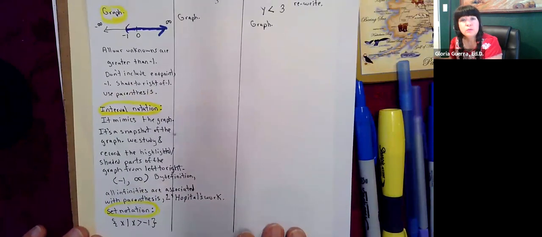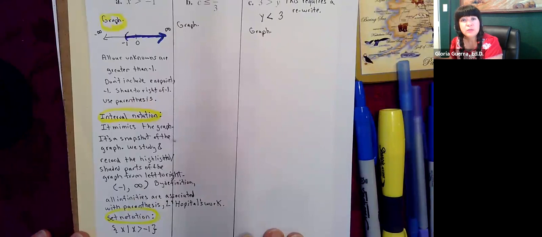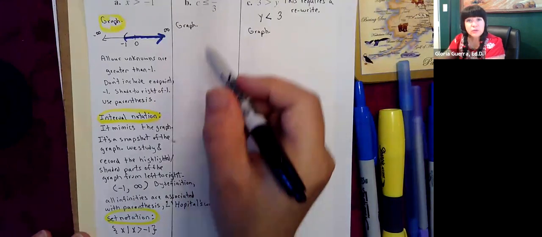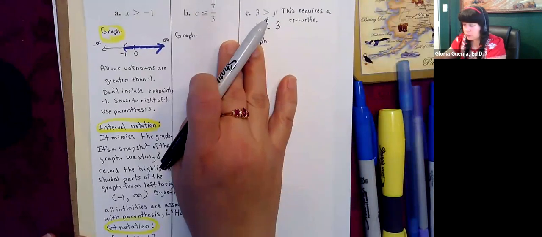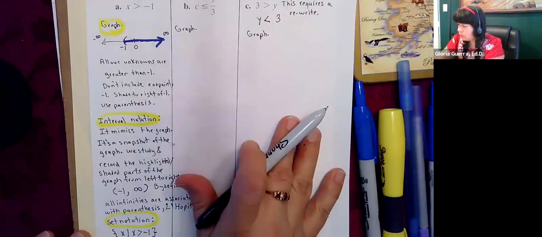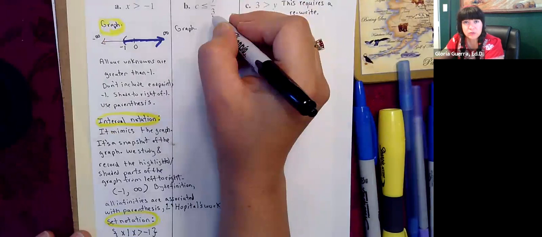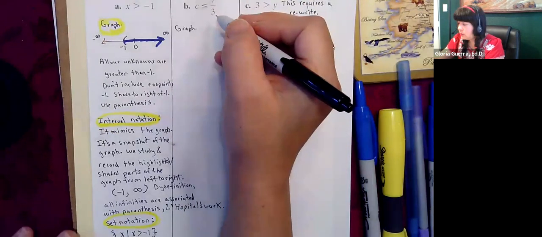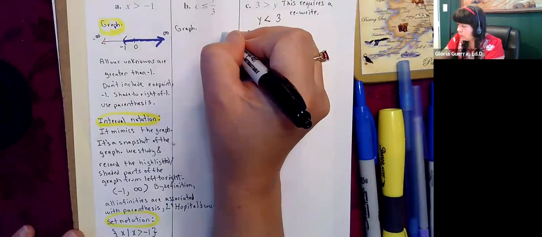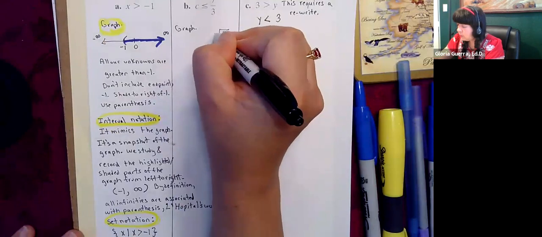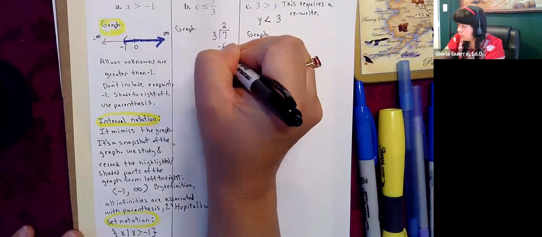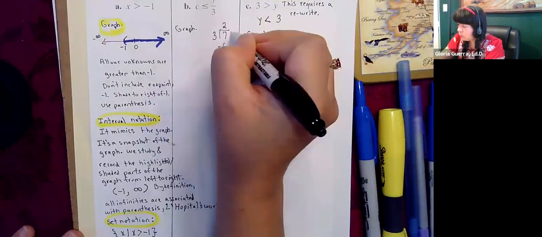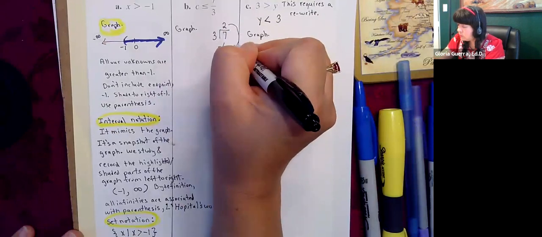Okay. So now for this next one, c is less than or equal to 7/3. I'm going to do long division because I'm not sure where 7/3 is. I'm going to do numerator divided by denominator. 3 goes into 7 twice, 1 left over, and I'm going to record it clockwise.